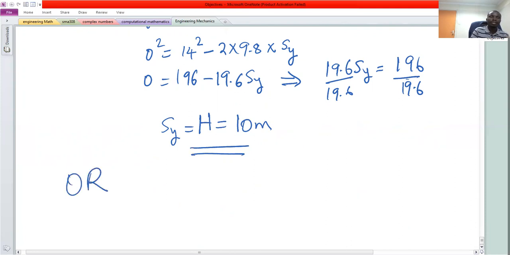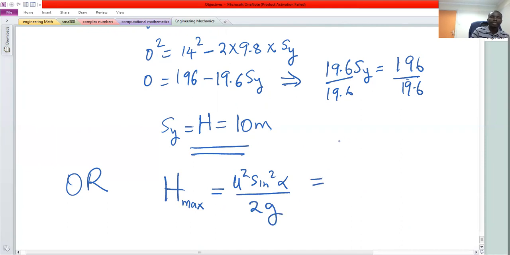Or without doing all this, we say that the maximum height from our previous derivation of the equation of projectile motion was given by u squared sine squared alpha over 2g. I remember our initial velocity of projection u was 28, and then sine squared of 30 degrees, and then 2 times 9.8.